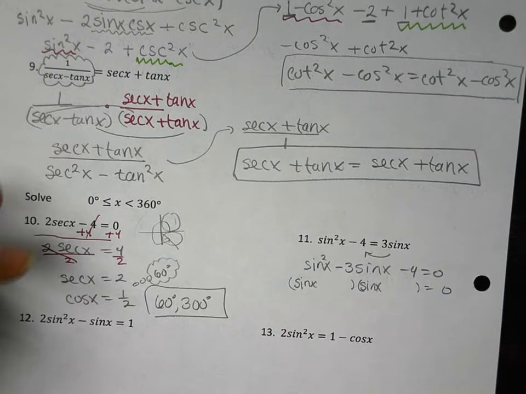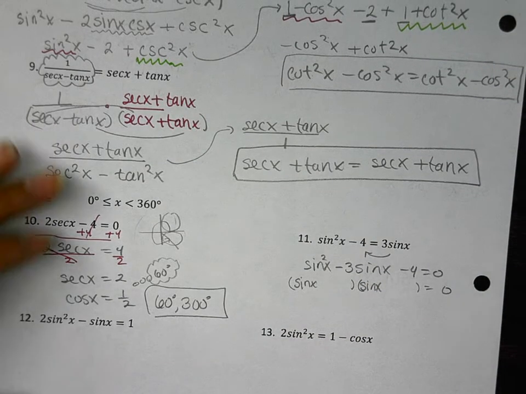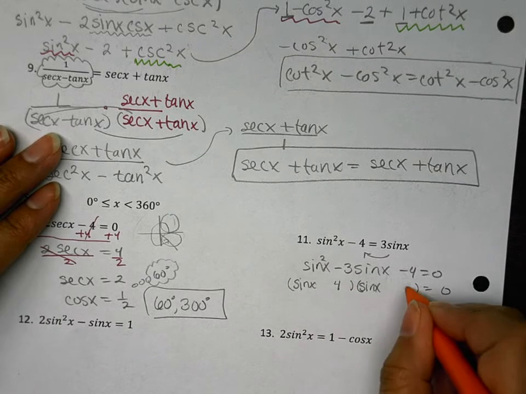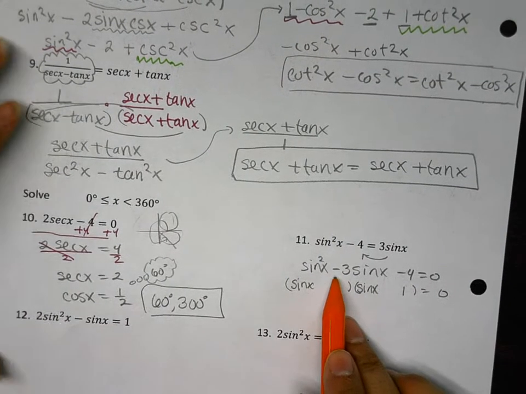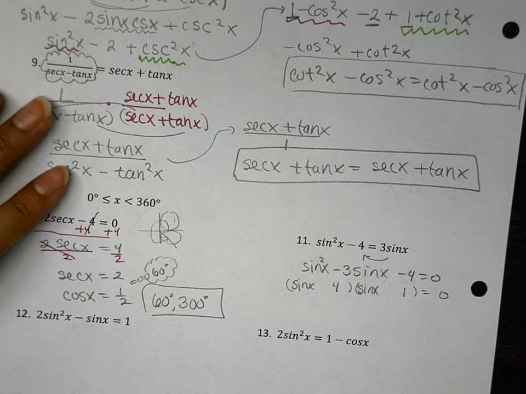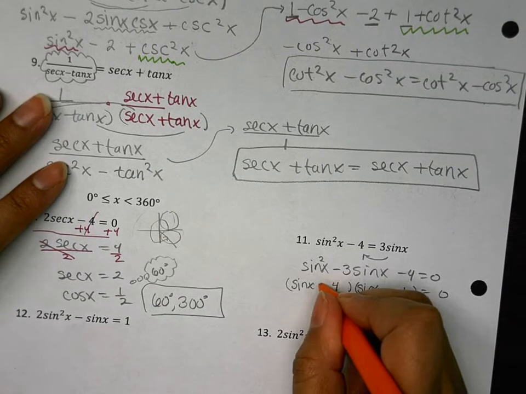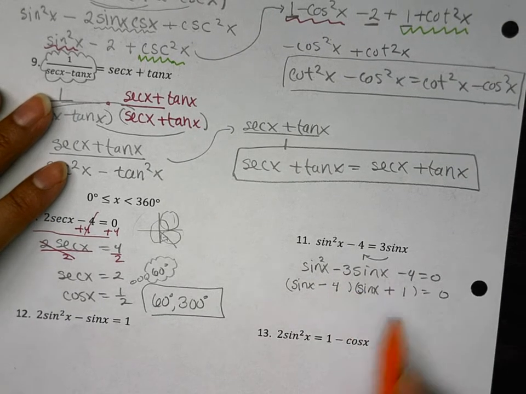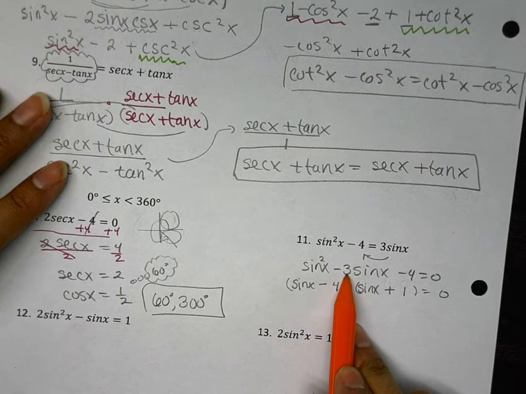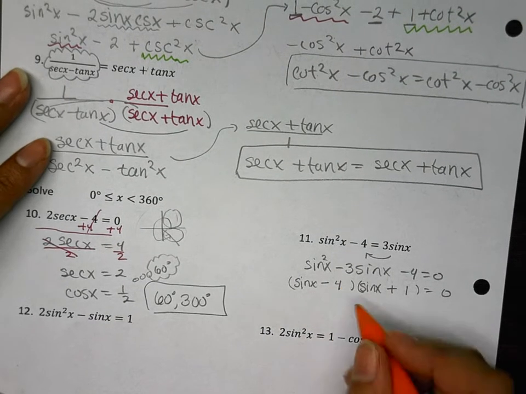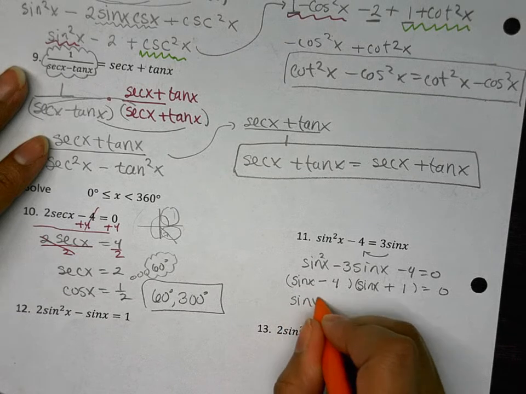Sine x times sine x is sine squared x. I'm going to be using 4 and 1. One's positive and one's negative, and it has to add up to -3. -4, +1. Let's check. -4, +1. Does it give me the -3 in the middle?